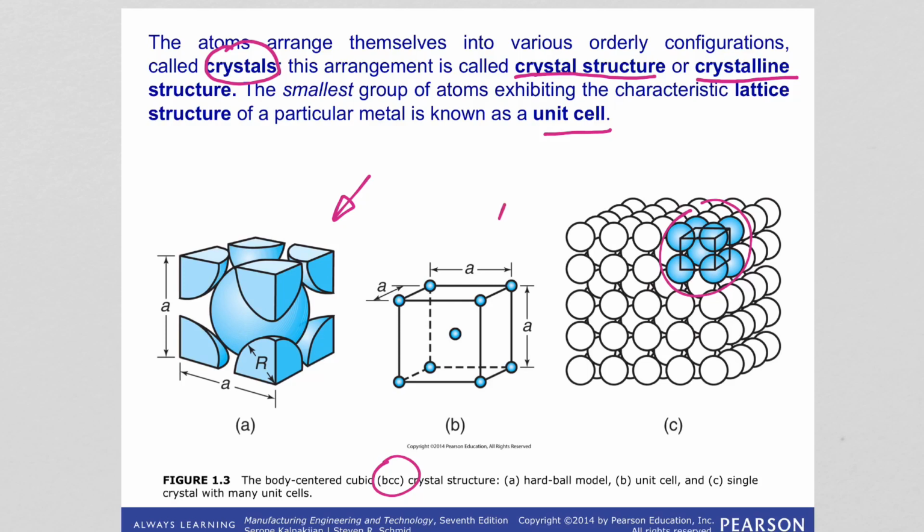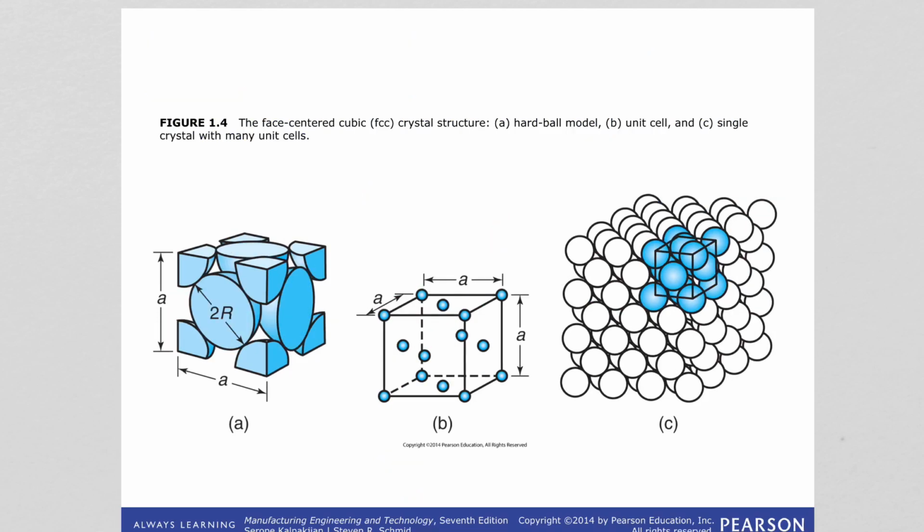That's the unit cell here. The corners are occupied with atoms, and also there is an atom in the middle, right? This type of atomic arrangement we observe in chromium, tungsten, vanadium, and of course another one you guys are familiar with is the FCC crystal structure.